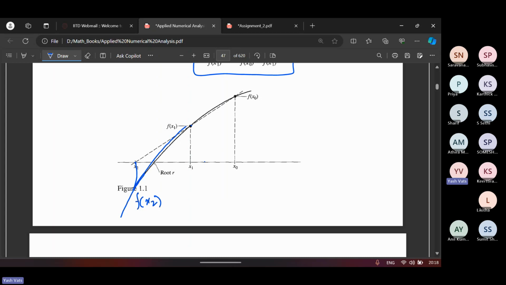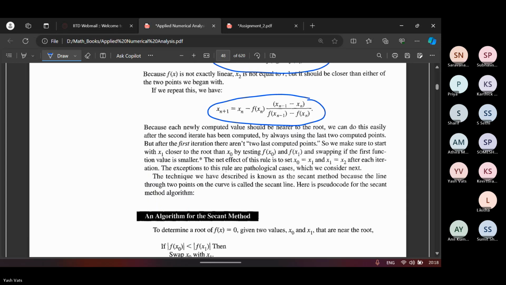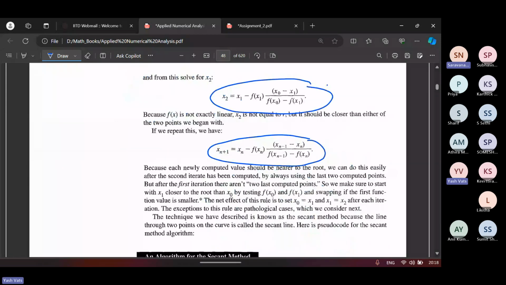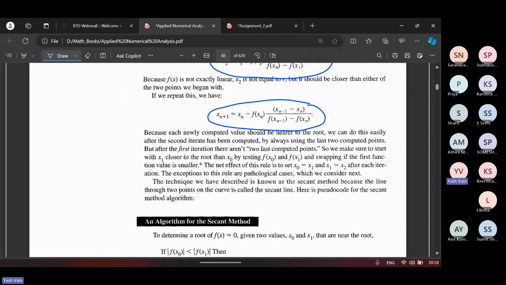So it's like this, and you get x3. Like this you proceed further and you get closer and closer to the root. It's just easy. You have to use this formula.